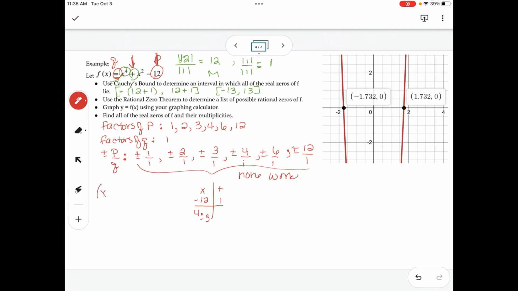I know this then factors into x squared plus 4 and x squared minus 3. I know this because I could certainly distribute. x squared times x squared, of course, is x to the 4th, minus 3x squared plus 4x squared, minus 12. And when I combine like terms, I end up back where I started. So that's a double check for us to make sure we're on the right track.